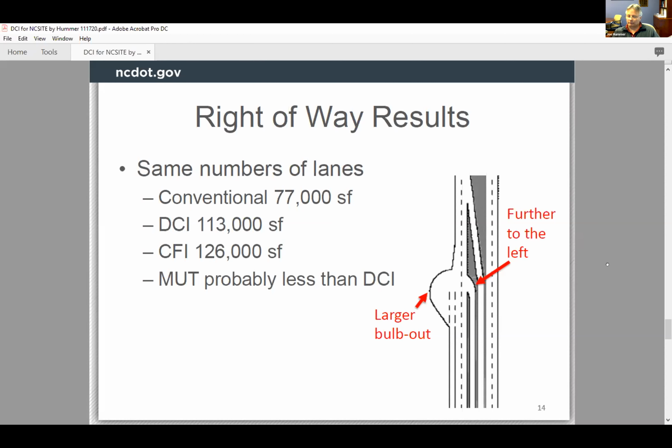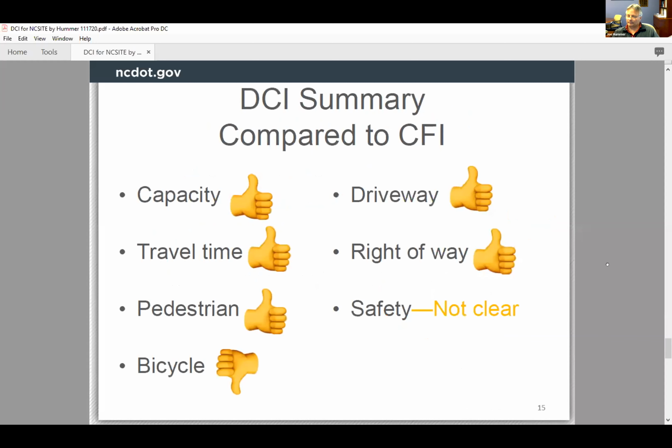We didn't run the numbers for median U-turn yet. It's certainly less than a DCI, probably more than a conventional, but less than a DCI. Probably on this scale comes in somewhere around 100,000 square feet would be my guess. So DCI better than CFI in this measure as well.